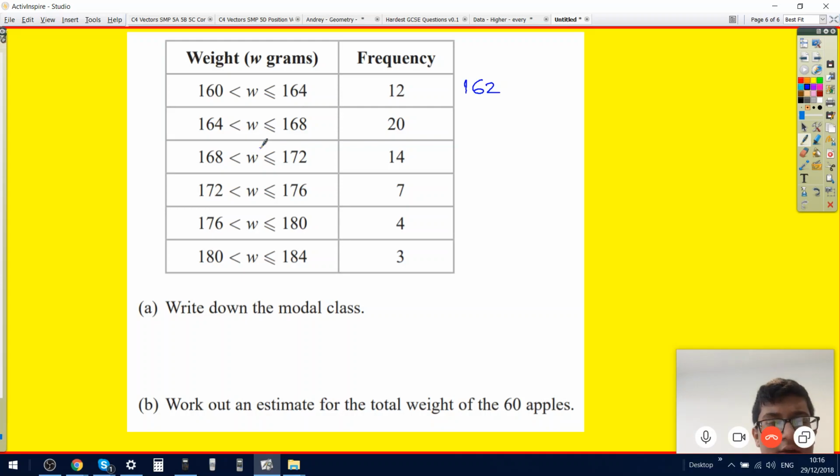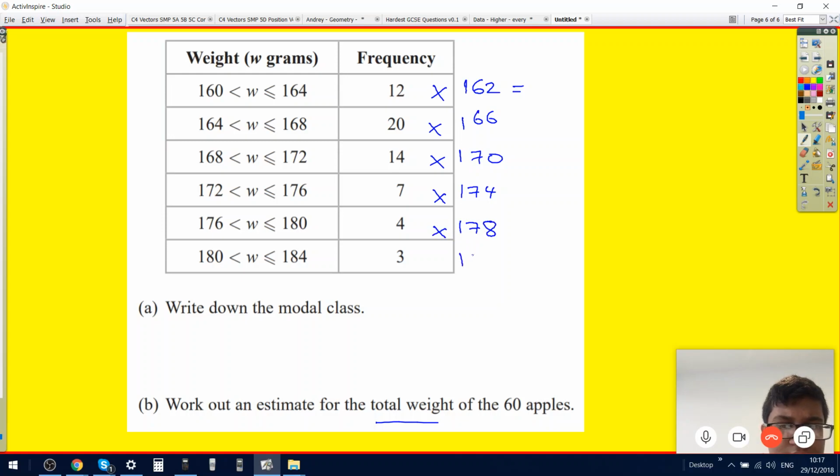Actually, no, I think, yeah, so you have, I'll copy the table. So you times it by 12 because that's how many there are. And you can actually do the same thing for everything else and then kind of work out an average. Not an average, total weight. Oh, they want, oh, right, okay. So that's the same thing done for each one.